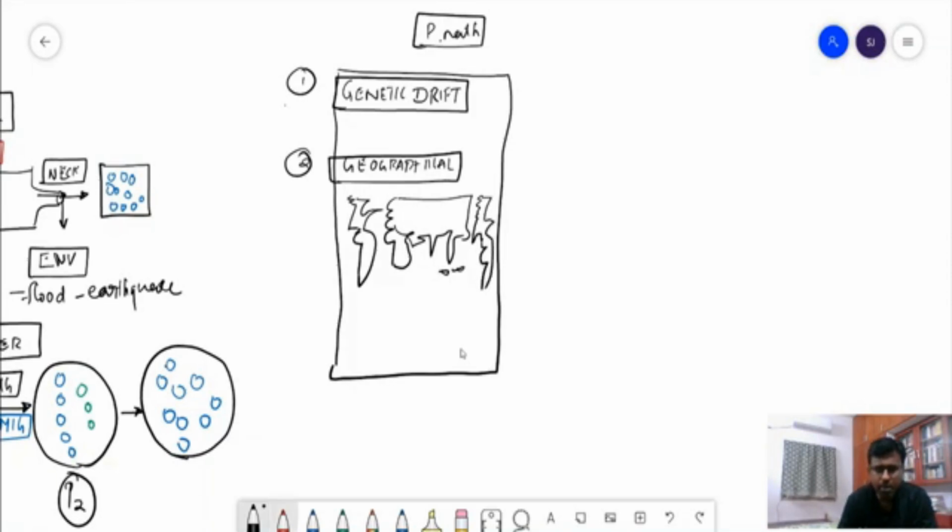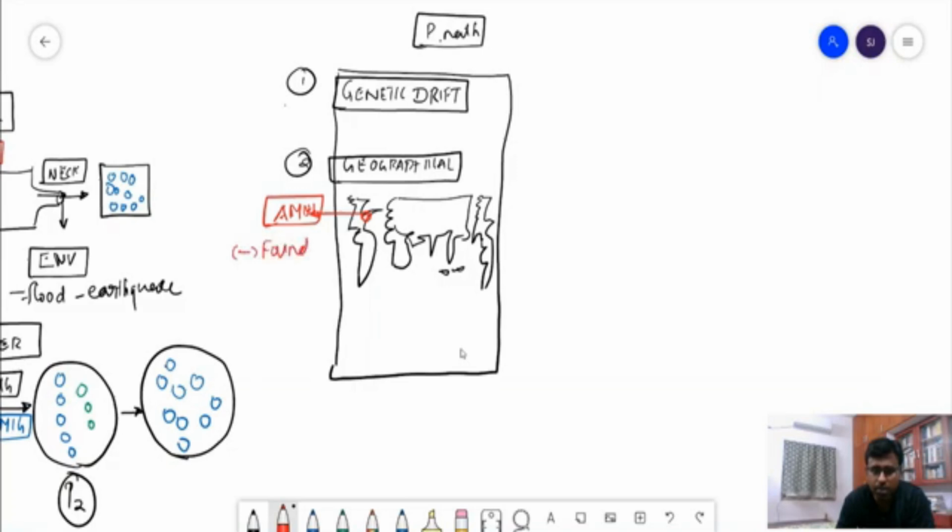In that example, they would have given something called the Amish family. So what is this Amish? If you see, people from Europe, a small family, migrated to Pennsylvania in USA.